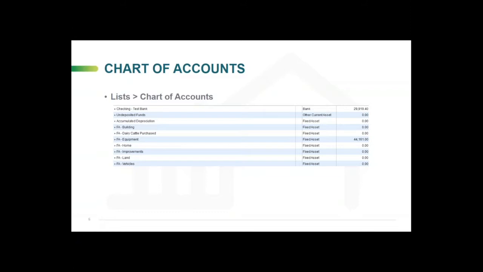We recommend that you keep it very simple to start. Don't have 20 feed accounts or 20 supply accounts. I would wait until you are comfortable with QuickBooks before you start breaking out to get that extra detail.